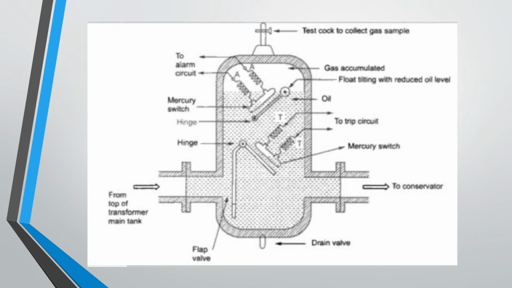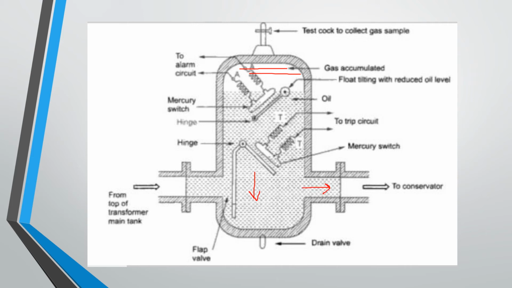To understand the operation in a better way, we will see the operation with the help of the figures. When an internal fault occurs, the gases start accumulating in the upper part of the housing of the Buchholz relay, and therefore the oil level will decrease and will start rushing towards the conservator.